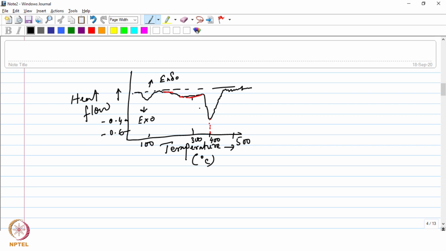So that's what you see when you see these exothermic peaks that indicate the release of energy, and in this case it is the strain energy which is being released.